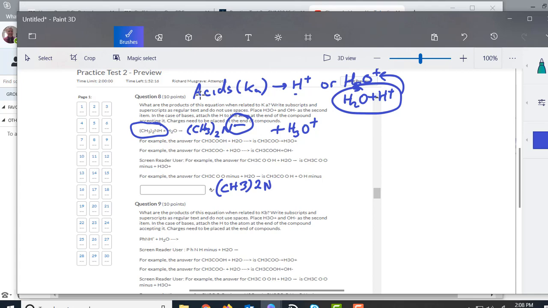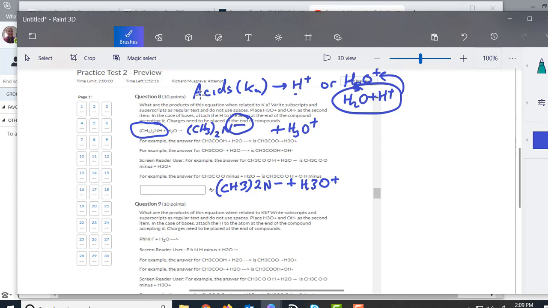CH3 2N minus plus H3O plus, and that's how the answer would look here. But that's the best advice I can give you. Whenever you're trying to form H plus, you put it with the water, form H3O plus, take an H away from what you're talking about here, and the charge goes down by 1.